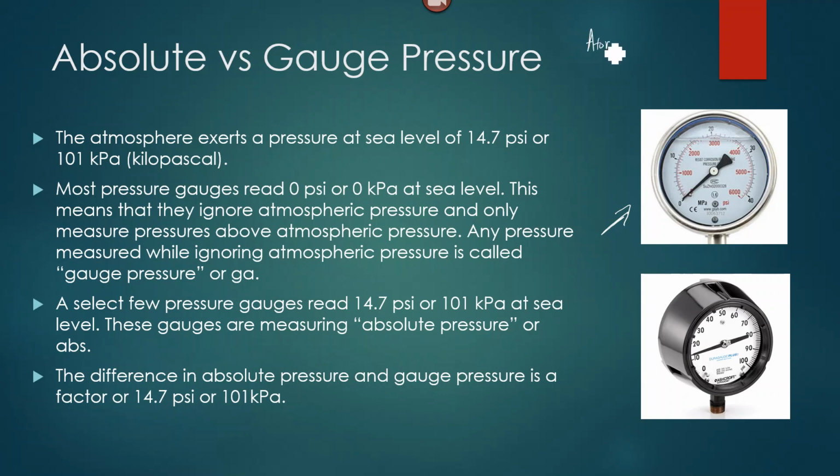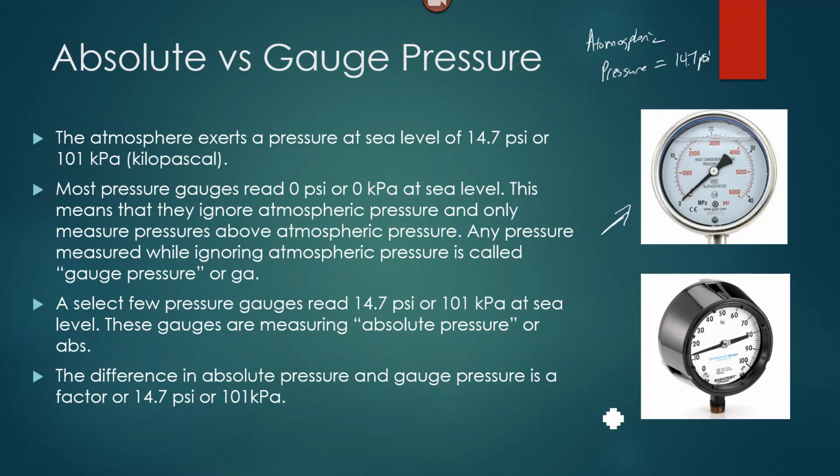So, atmospheric pressure is going to be equal to 14.7 psi. So, if we have 14.7 psi, why don't our gauges read 14.7 psi whenever there's no pressure on it? Because they're gauge pressures. They are ignoring the atmospheric pressure.